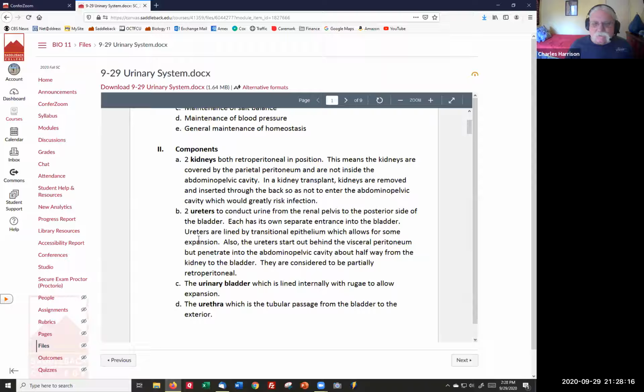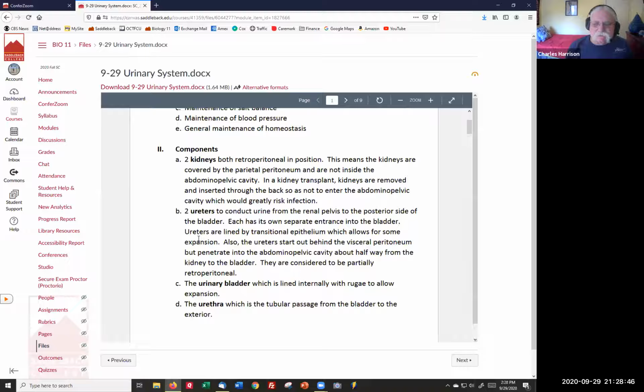They're with the kidney behind the parietal peritoneum, but they can't stay there, not if the urine is going to be expelled from the body. So about halfway along the run of a ureter going to the bladder, it pops through our wrapping, our parietal peritoneum, and enters into the abdominal pelvic cavity.